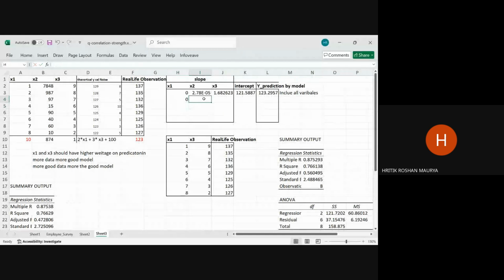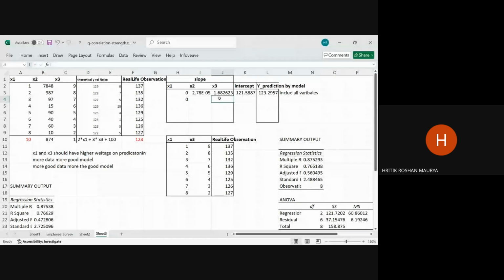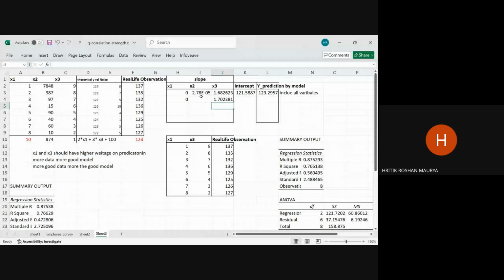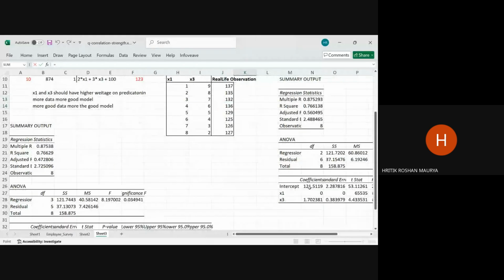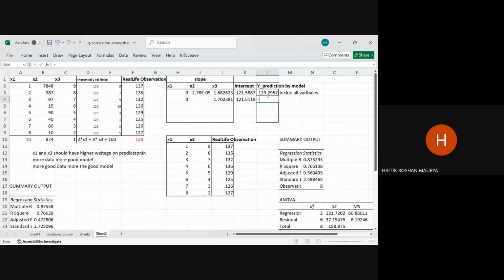Here I will copy the x3 intercept, and in x3, I will copy this intercept value. Okay, and now I will calculate this value into our x1 plus this value into our x2 plus this intercept.